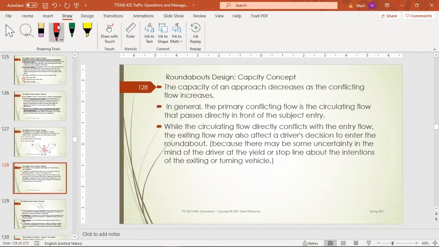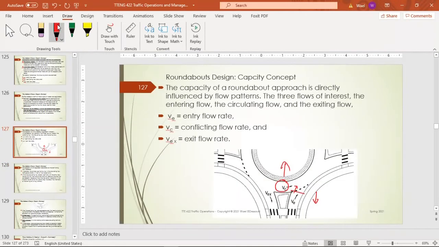While you are waiting in your car for a gap, it's hard to tell whether drivers who are approaching are going to continue this way or exit this way.